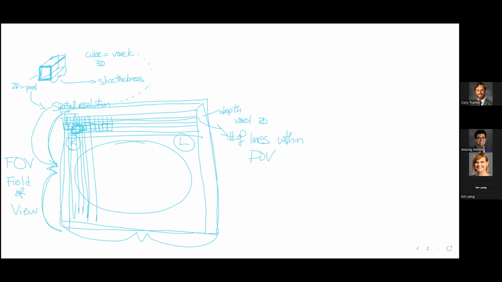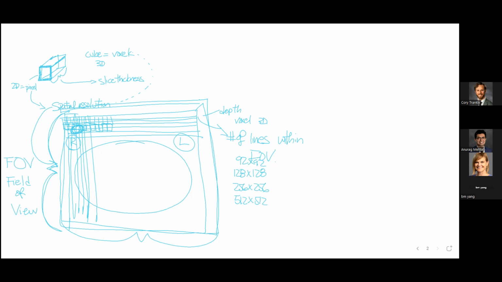And a lot of times, we'll have 128 lines by 128 lines. Or sometimes we go to 256 by 256. Or sometimes we go to 512 by 512. Sometimes we go to 92 by 92. You can adjust all of these.